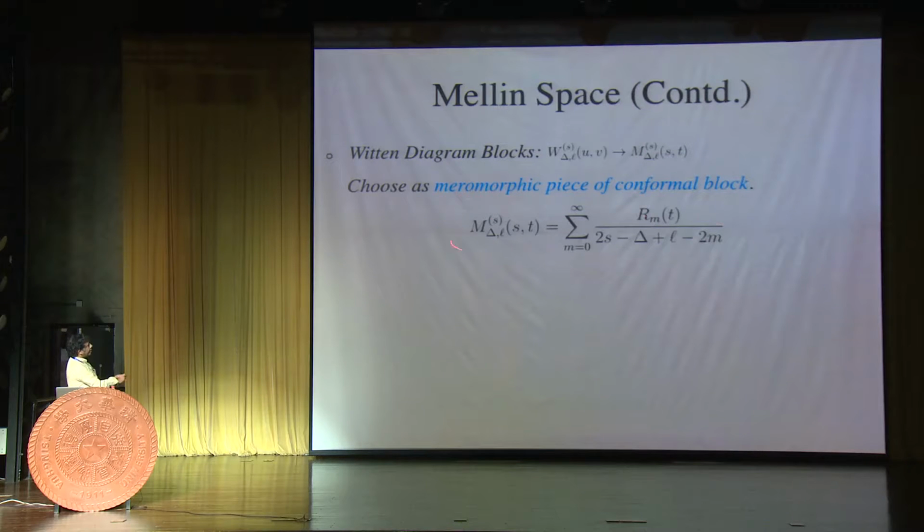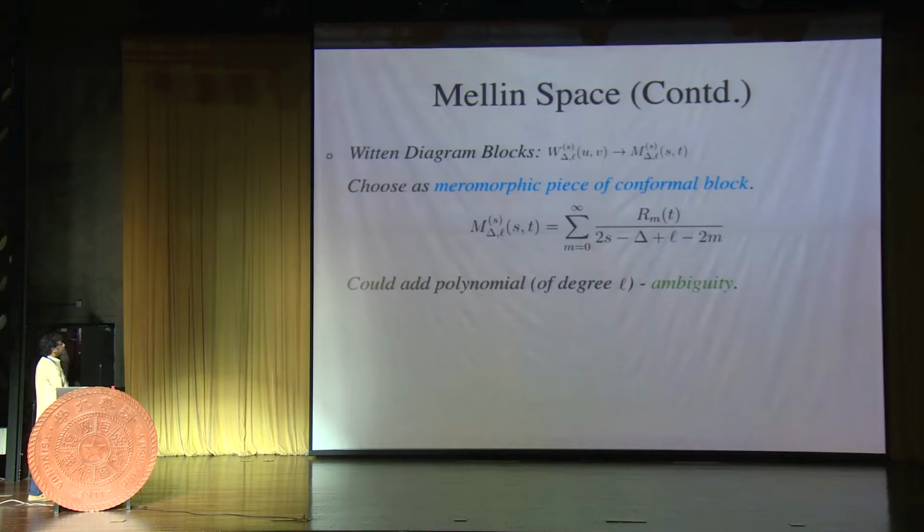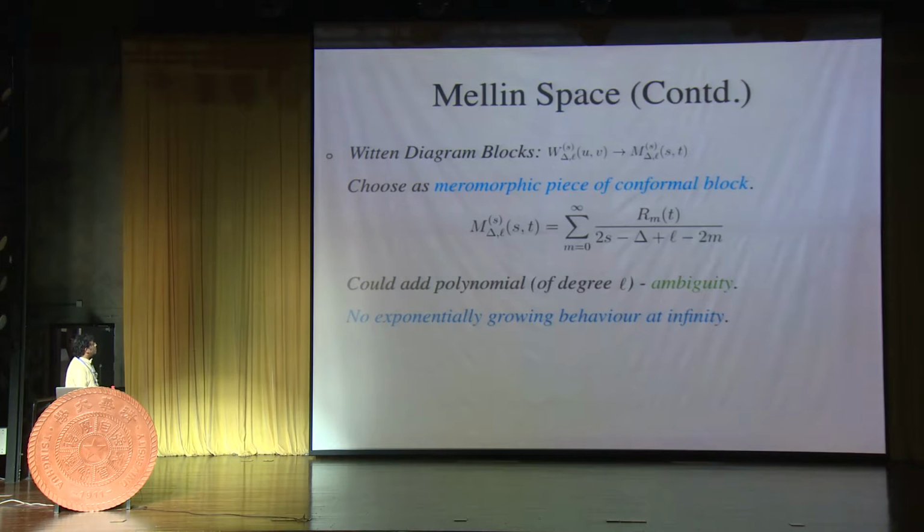So they have exactly this meromorphic part. And in fact, you can choose that to be the Witten diagram in Mellin space. You could add a polynomial to this, but that's an ambiguity which is potentially useful, but we won't make use of it right now. So the good thing about this is that there's no exponentially growing behavior at infinity. These are polynomially bounded. These are polynomials in T of degree L.